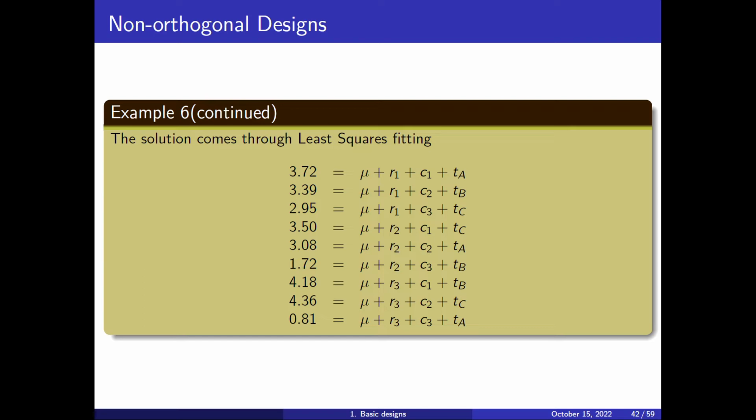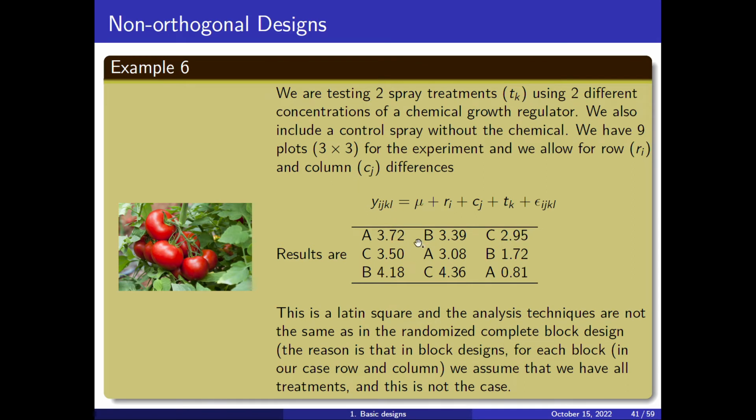Okay, but I can pose this problem differently, and then I may try to estimate what is the contribution of the mean, the rows and the columns and the treatments in this way by solving an equation system. So for instance, this one is 3.72, but this 3.72 has to be the overall mean plus the contribution of the first row plus the contribution of the first column plus the contribution of treatment A plus some noise, but here we have the average, so there is no noise.